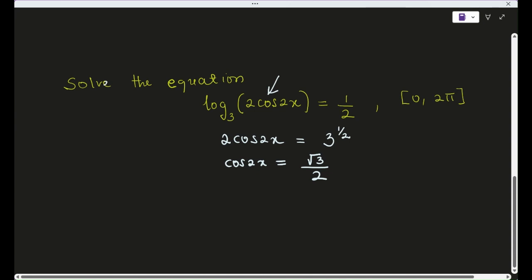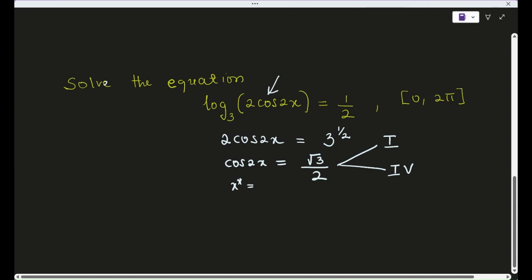Okay, so now this is cosine. Cosine is positive in the first and in the fourth quadrant. So here we can get what I usually call x star, which is always an angle in the first quadrant.